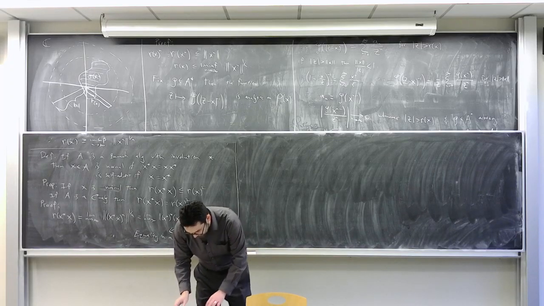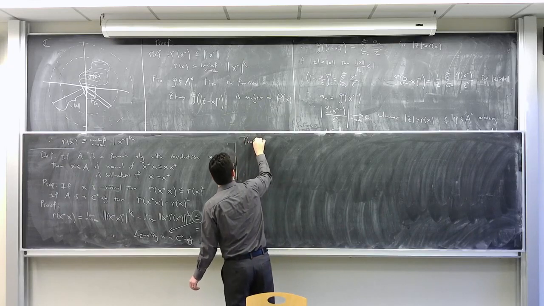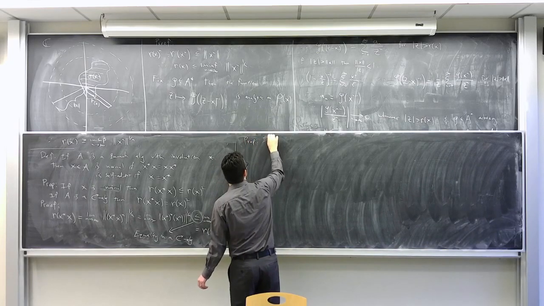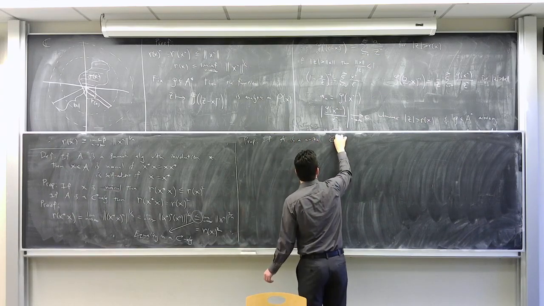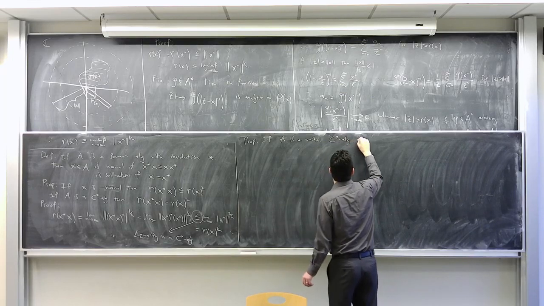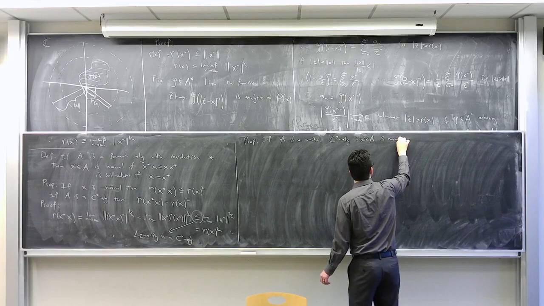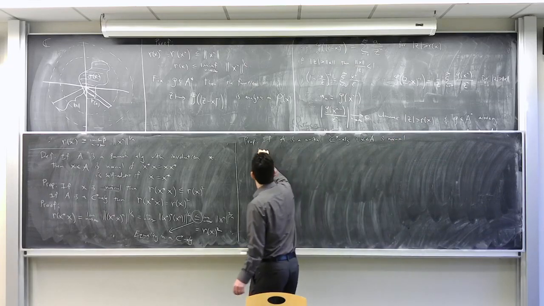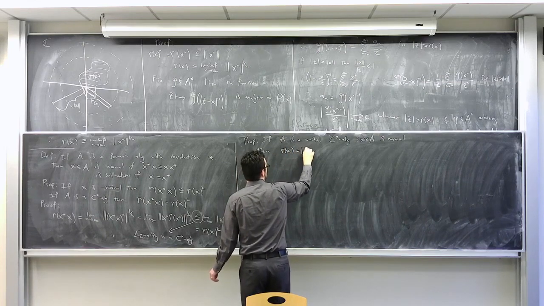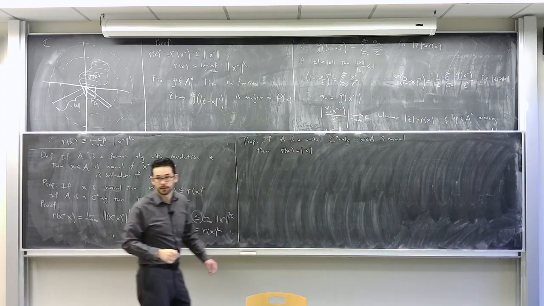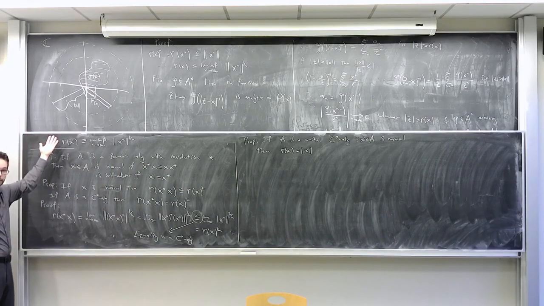In fact, we get a nice proposition directly from this, and that is that if A is a unital C-star algebra, and x in A is normal, then the spectral radius of x is exactly equal to the norm of x. So for normal elements of a C-star algebra, this is equal.